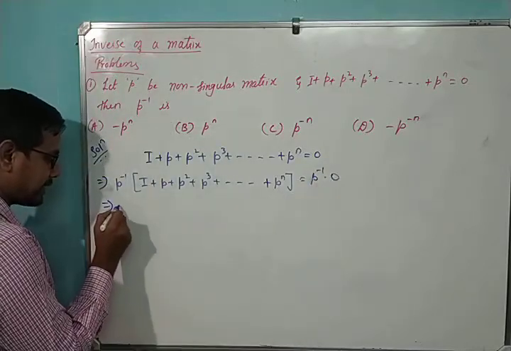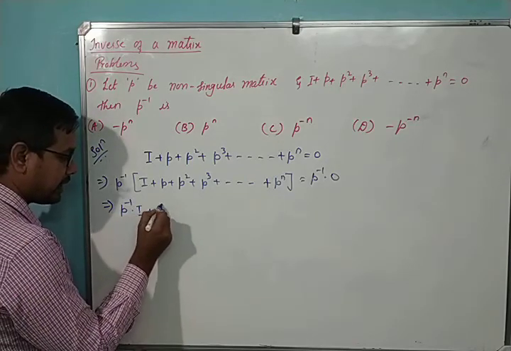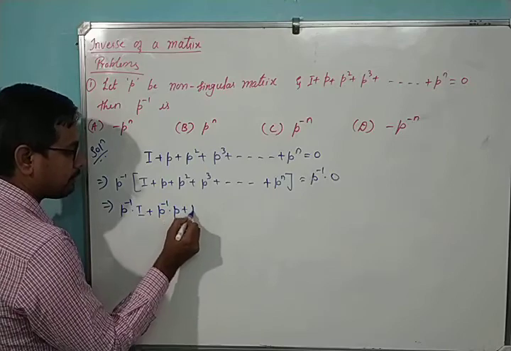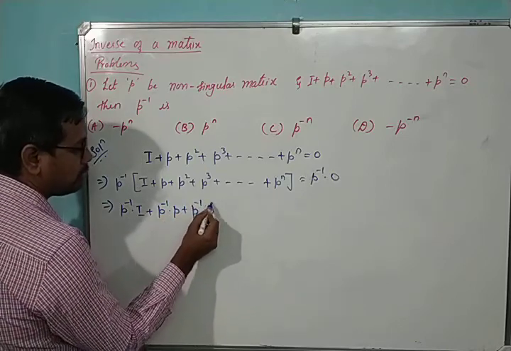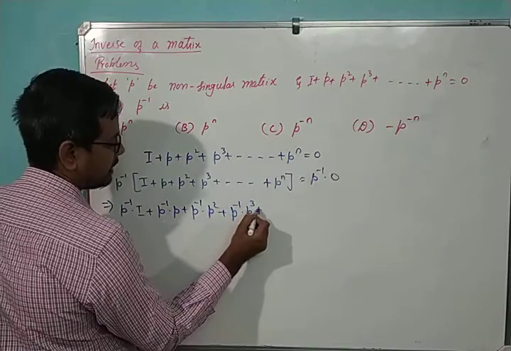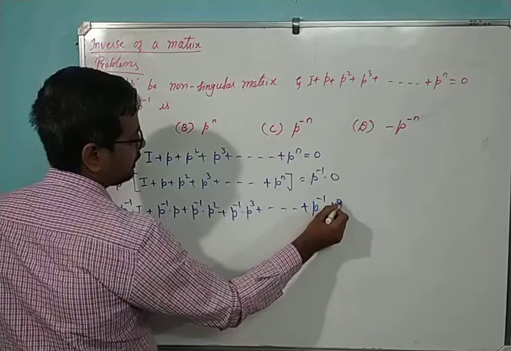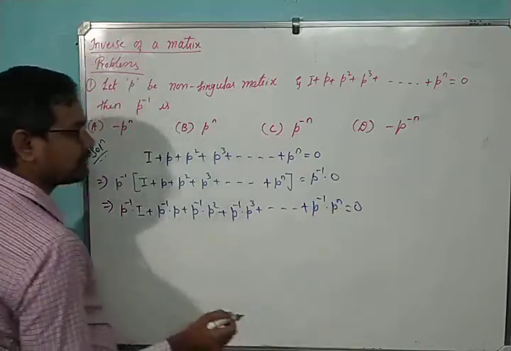Now I can write this as P inverse into I plus P inverse into P plus P inverse into P square plus P inverse into P cube plus so on up to P inverse into P to the power n, which is equal to 0.